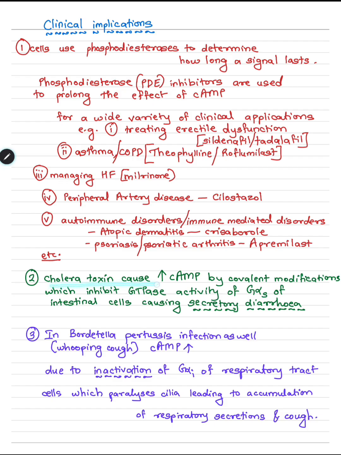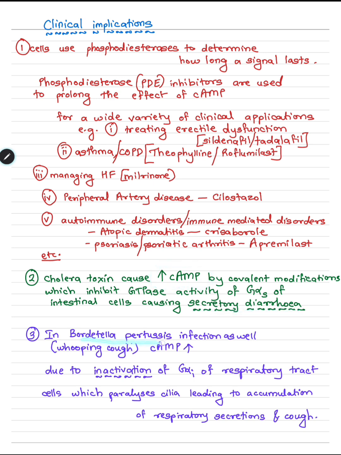Cholera toxin increases cyclic AMP by covalent modification, which inhibits the GTPase activity of G alpha, so the GTPase activity is inhibited. So G alpha will keep on stimulating adenylyl cyclase. Cyclic AMP will keep on increasing. This causes secretory diarrhea.